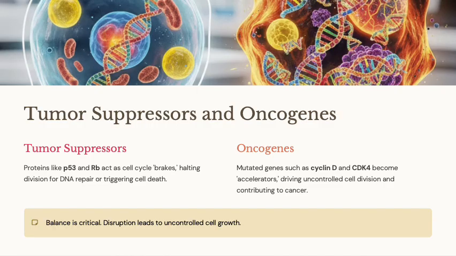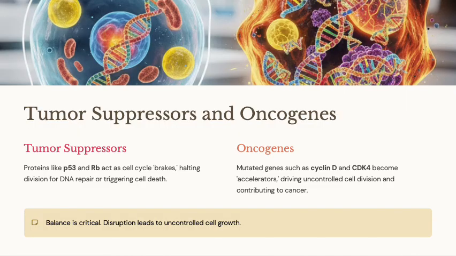Now let's talk about tumor suppressors and oncogenes in the cell cycle. Tightly regulated cell division depends on a careful balance between proteins that promote cell cycle progression and proteins that inhibit it. Two major classes of genes involved in this balance are tumor suppressor genes and oncogenes. Tumor suppressor proteins function as brakes on the cell cycle.